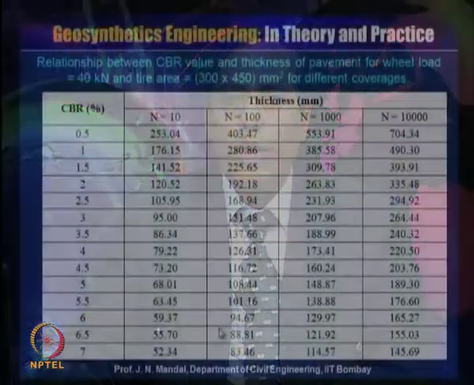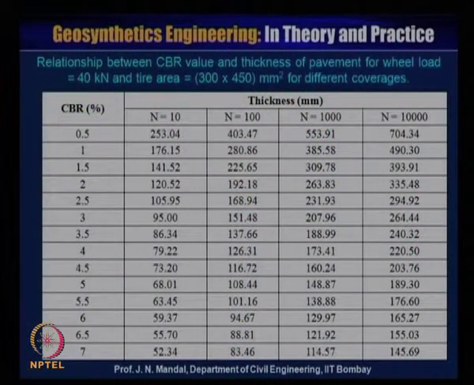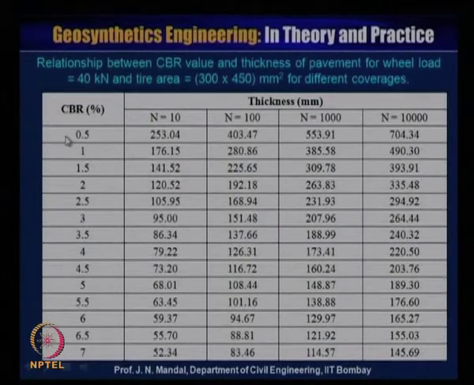Now this table shows the relationship between the CBR value and the thickness of the pavement for a wheel load of 40 kilonewton. The area is the same, 300 by 450 millimeter square, for different coverage. Here you can see CBR values of different percentages, 0.5, 1, 1.5, 2, all very poor soil, and N values of 10, 100, 1000 and 10,000.